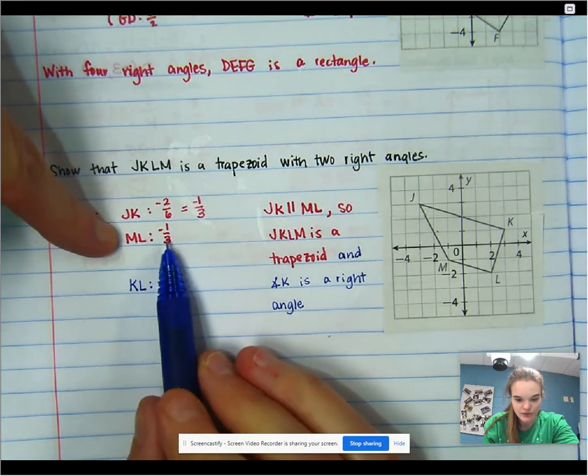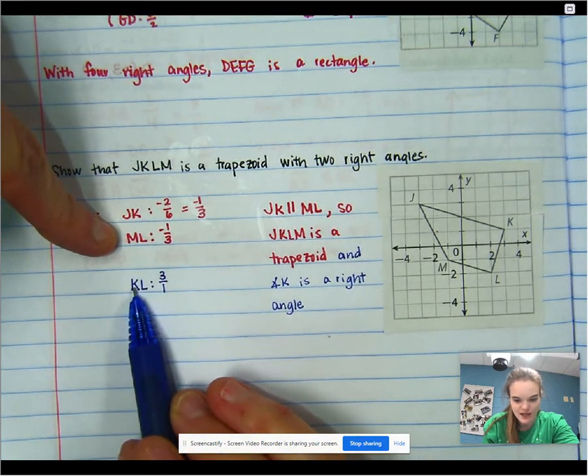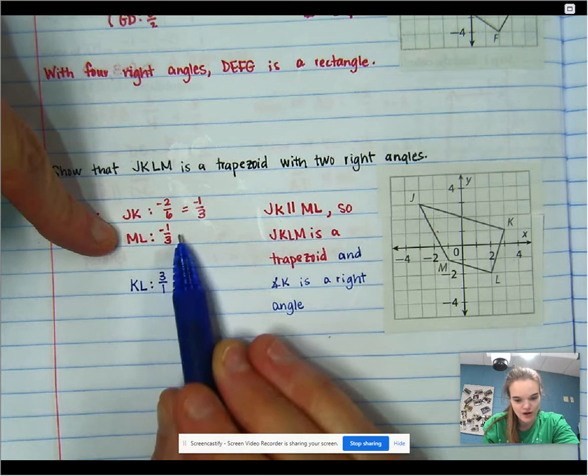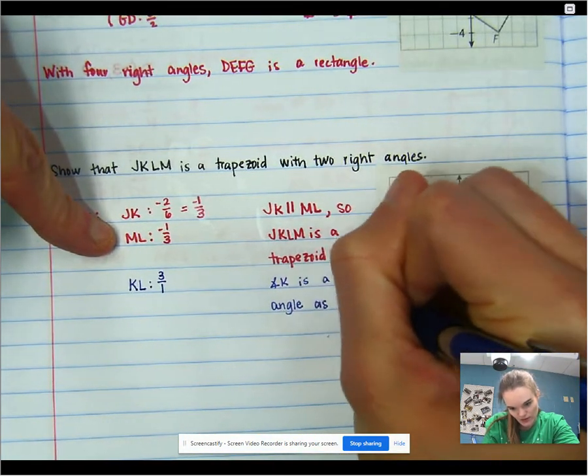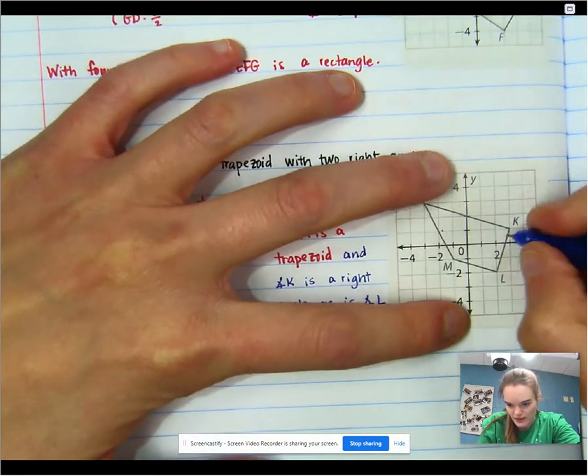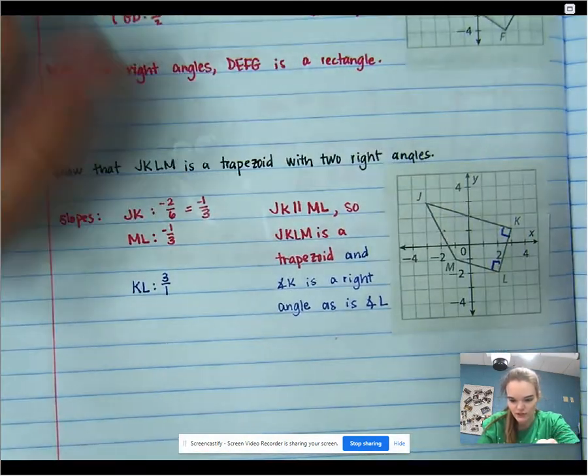Okay, now look at this one. ML and KL, they share L. They are opposite reciprocal, as is angle L. Angle K and angle L are 2 right angles.